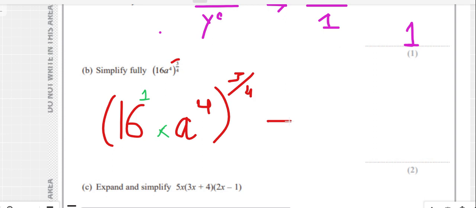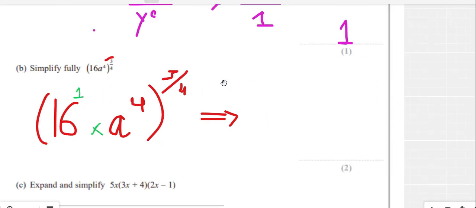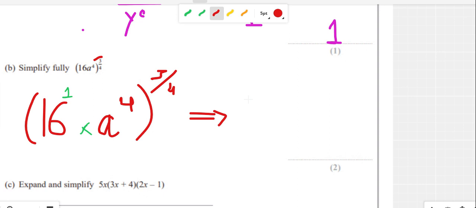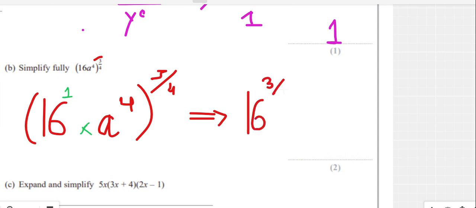Now in the next step, I will distribute 3 over 4 to each term. So 16 to the power of 1 times 3 over 4 is 3 over 4, times a to the power of 4 times 3 over 4.